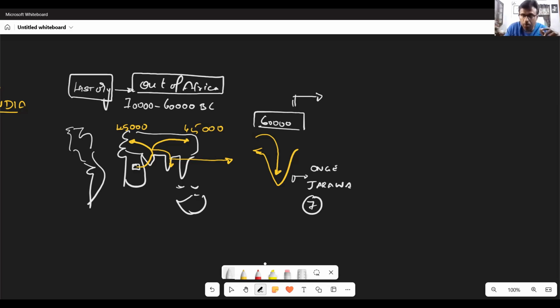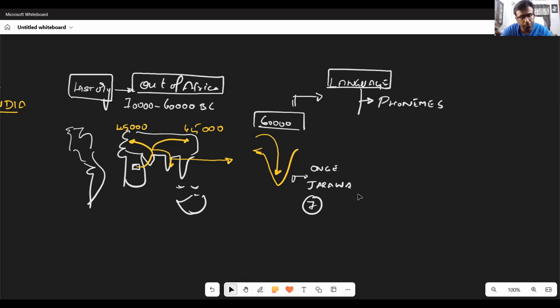Now understand it along with language. Understand it along with the language. What is linguistic anthropology? Language. In that, simply understand, some terms are there: phonology or phonemes. What is a phoneme or phonology?